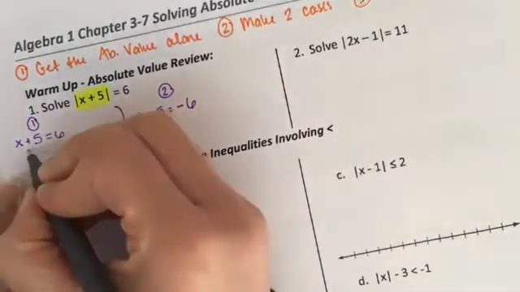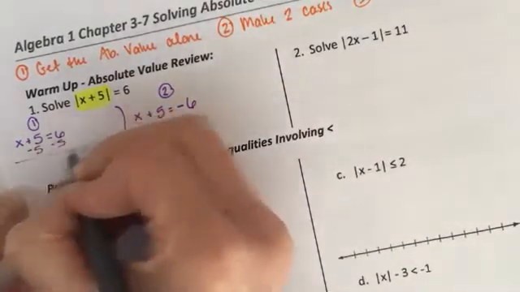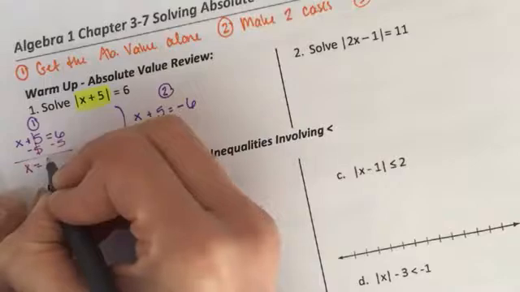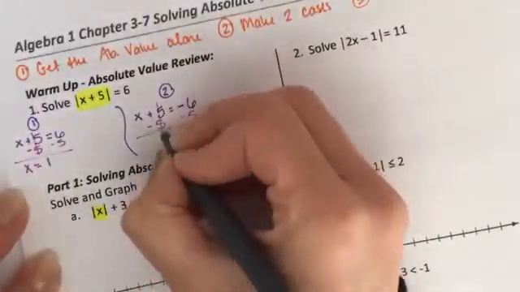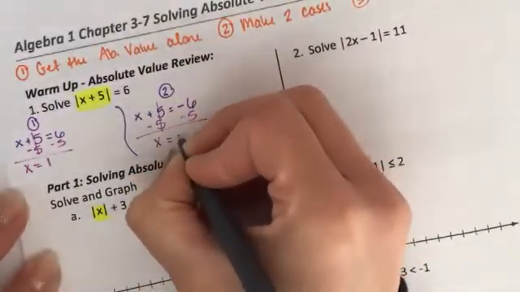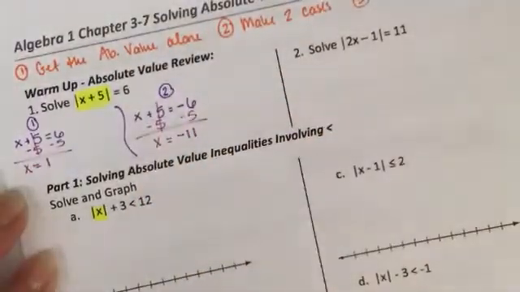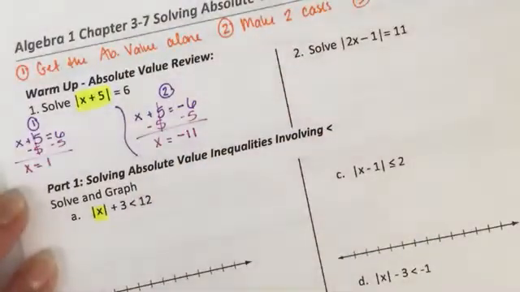So on this side, I would just subtract 5, x equals 1. And this side, I actually do the same, but I get negative 11. So in these problems, we actually get 2 answers.